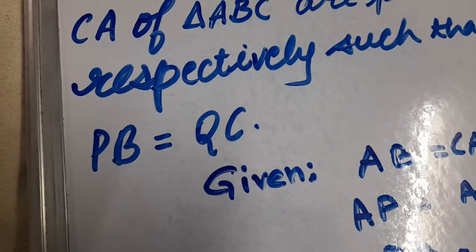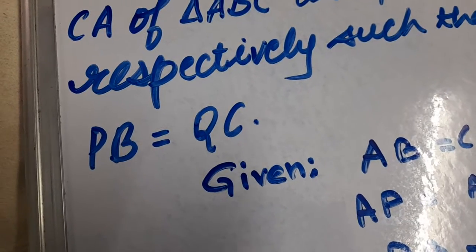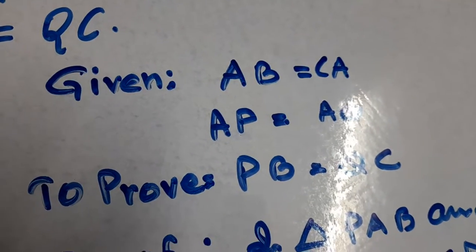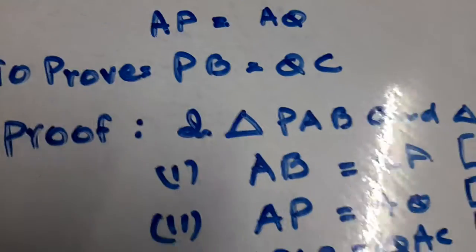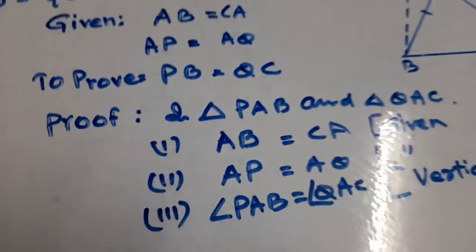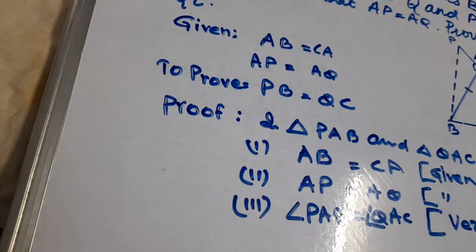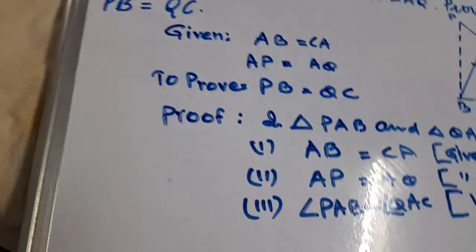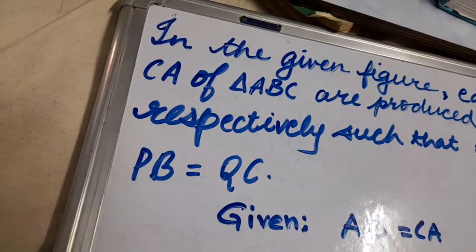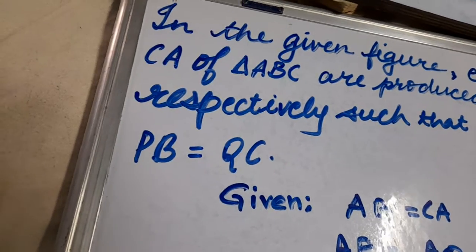Vertically opposite angles are equal. So you got the three criteria to prove triangle PAB and QAC congruent.